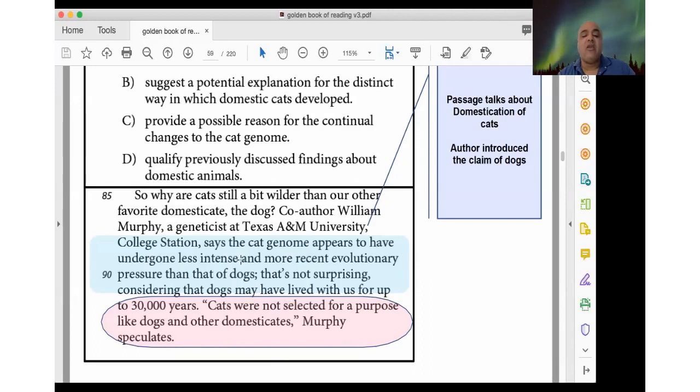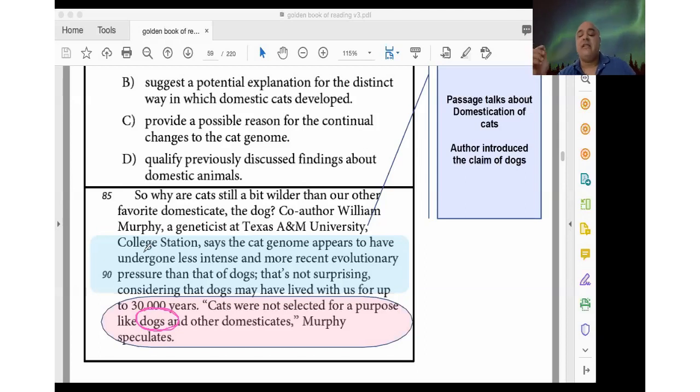Murphy speculates. If you remember the passage, the whole passage we've been through earlier talks about the domestication of cats and the genes which are in charge of transforming the wild cat into a domestic cat. So everything in the passage talks about cats, and suddenly he introduced a claim about dogs.